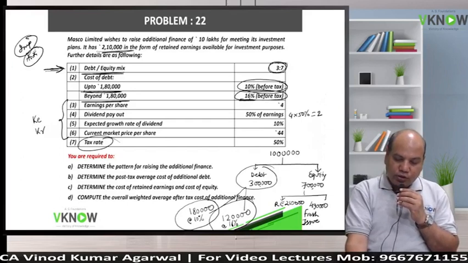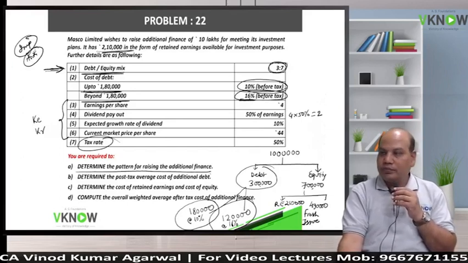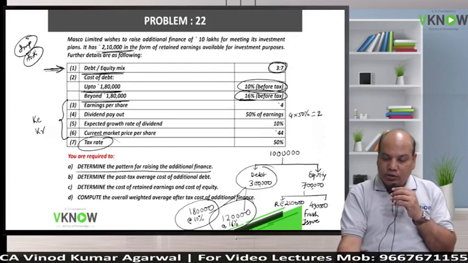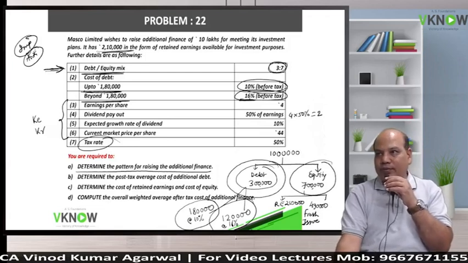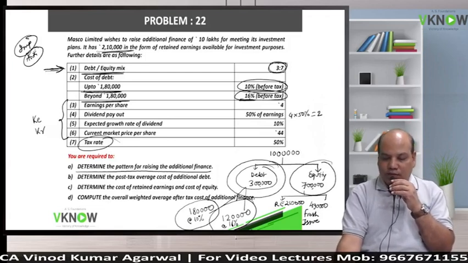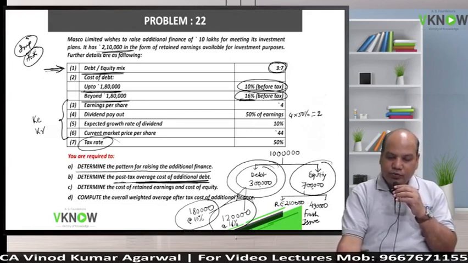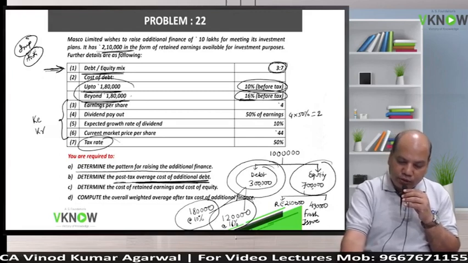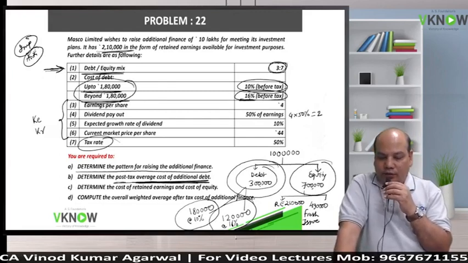Now they are saying you are required to determine the pattern for raising the additional finance. Pattern for raising additional finance means how much will come from debt and how much will come from equity. So that is 3 lakh and 7 lakh. Determine the post-tax average cost of additional debt. This 3 lakh rupees that we are going to raise, what will be my average cost of debt after tax?